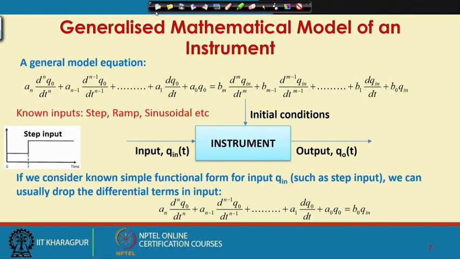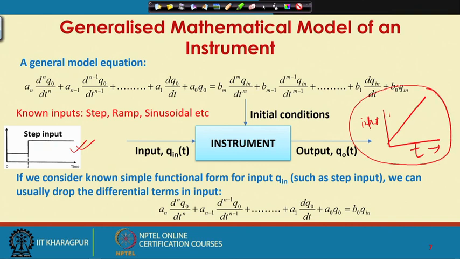For example, this is an example of a ramp input, where this axis is time and this is input. The functional form of this input will be that of a straight line, let us say going through the origin.